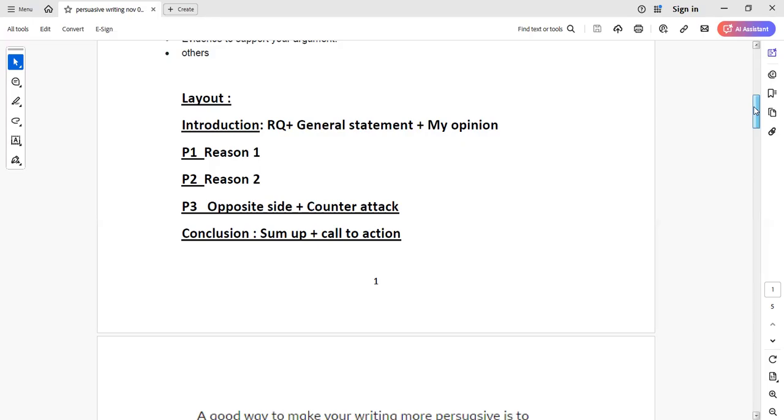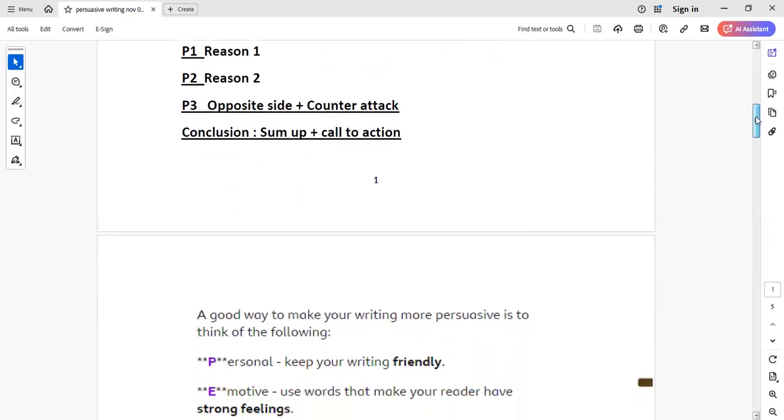They have different beliefs from what you are thinking of, but you attack them, take care, you attack them politely to prove that you are right, or you can say more correct, or you can say that you are the only one who should be believed. And then you finish your writing with summing up and call to action.